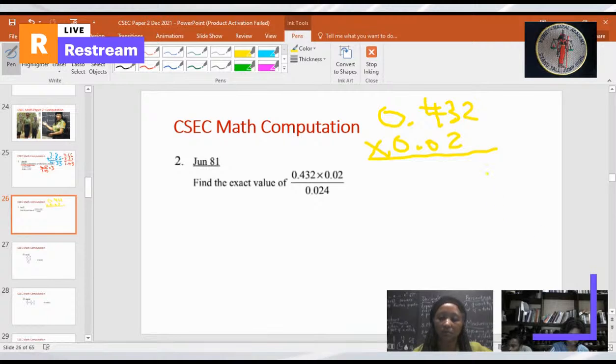That would give you 4. And then 2 times 3 is 6. 2 times 4 is 8. And 2 times 0 is 0. Then you're going to put a 0 in the placeholder, miss.